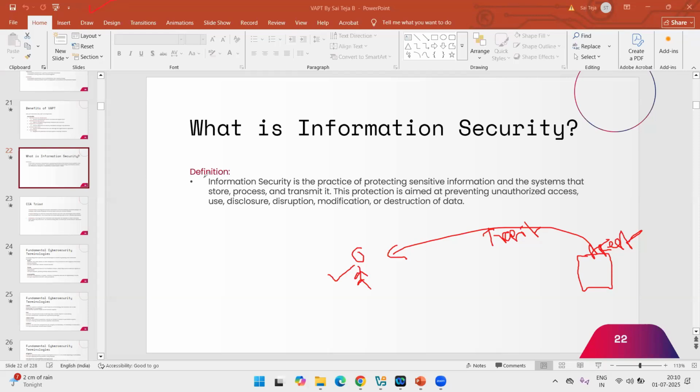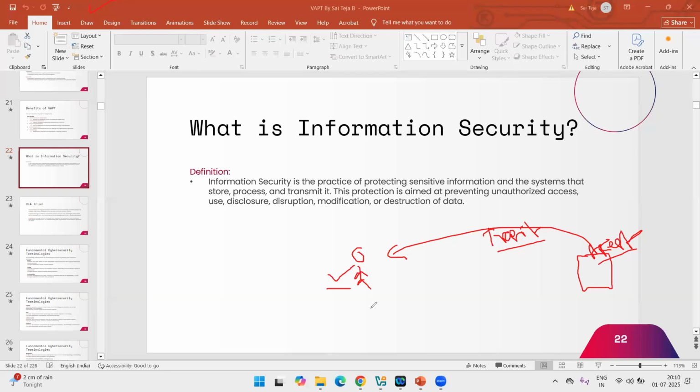In the RAM, right? So now if I want to protect the information, first I have to know what are the stages in which I can see this information. So it will be in three stages: rest, transit, and in use, in the process.